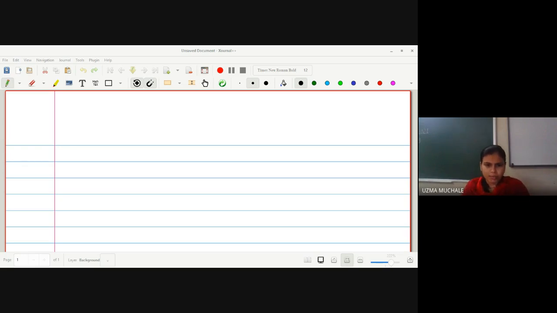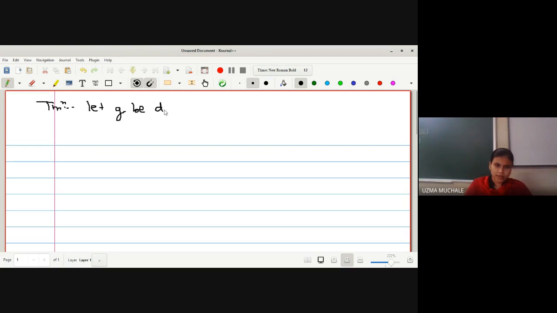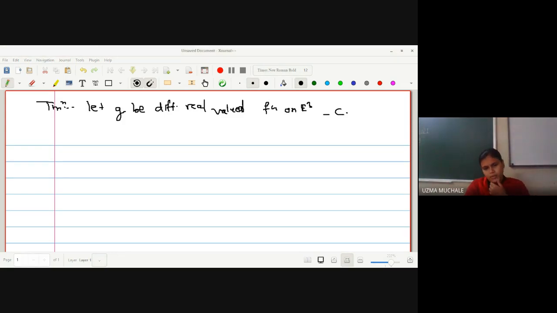Let g be a differentiable real valued function on E3, and let C be some constant number.